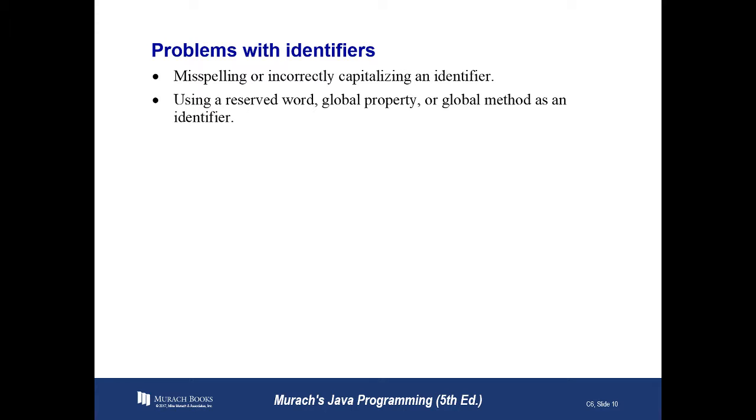So it's not that it doesn't recognize it as the same, it's that it's not the same. It's a different variable name. So we get the incorrect results. So we have to be careful that we always name things and use the same exact identifier every time we refer to a given variable or method. We also have to be careful about using reserved words, global properties or global methods, other things that we can't use in our code as identifiers.